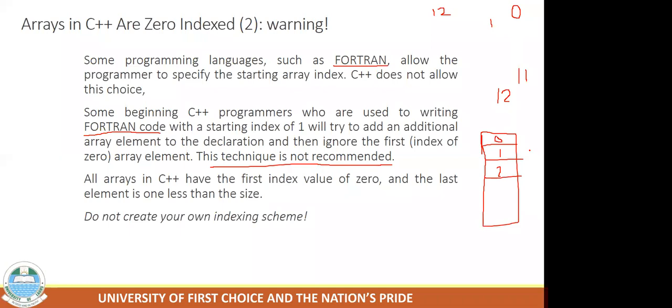Those programmers sometimes start at 1, neglecting the 0 variable, and they tend to end with 12, which is out of the array elements. And this will cause an error. Your system might crash, depending on the compiler.